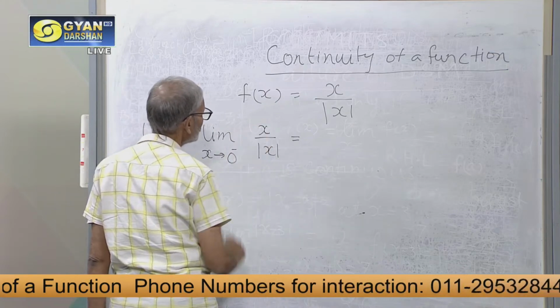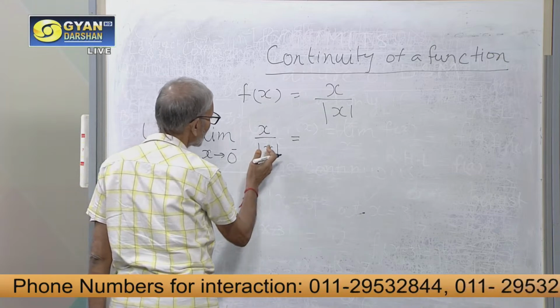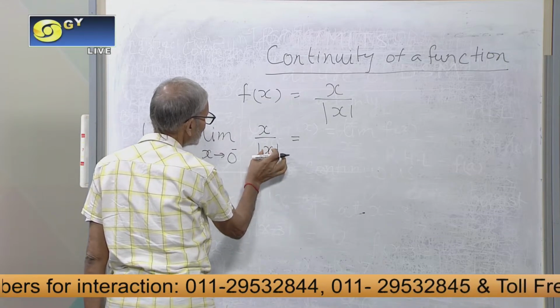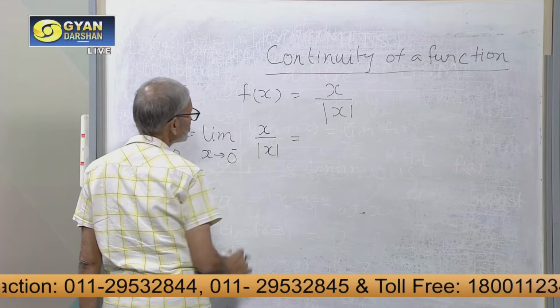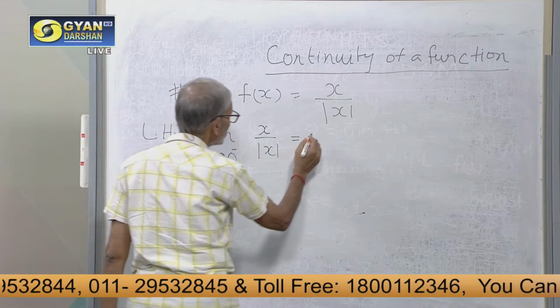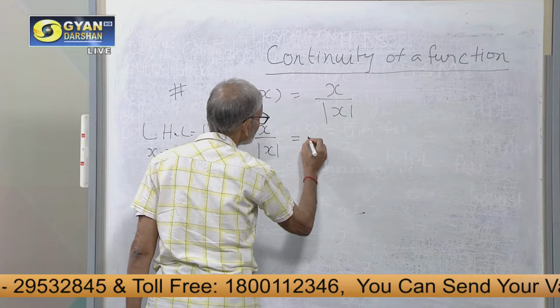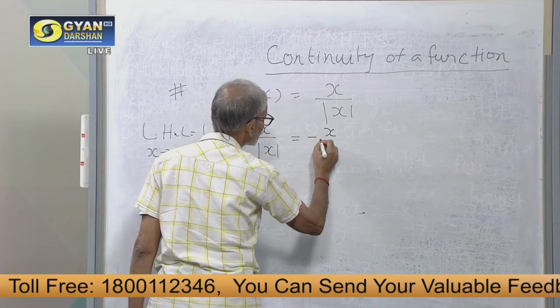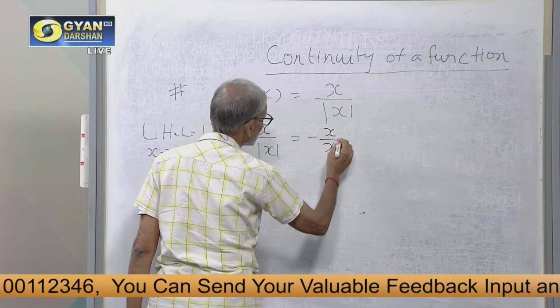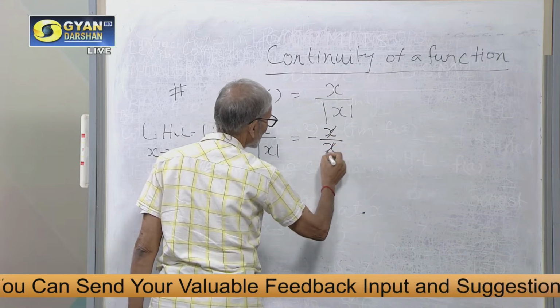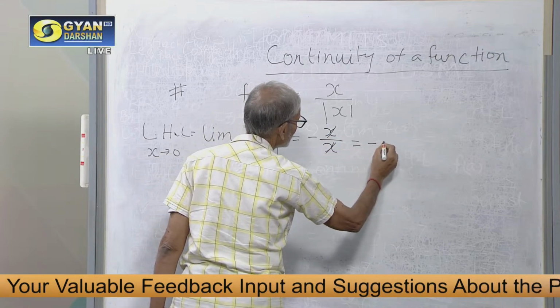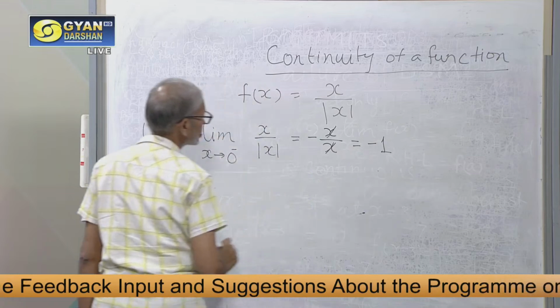So, it will have some negative value, and this negative value will change to plus because it is mod. So, it will be minus x divided by x. This will cancel out, so this is equal to minus 1.